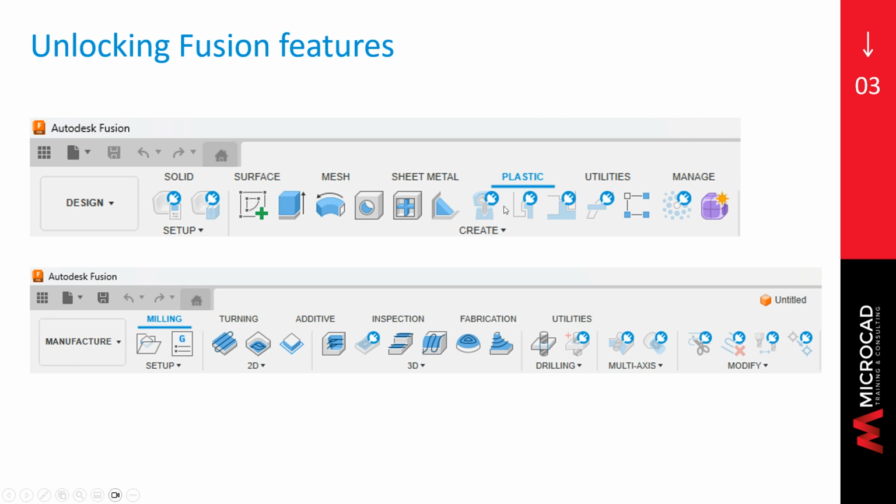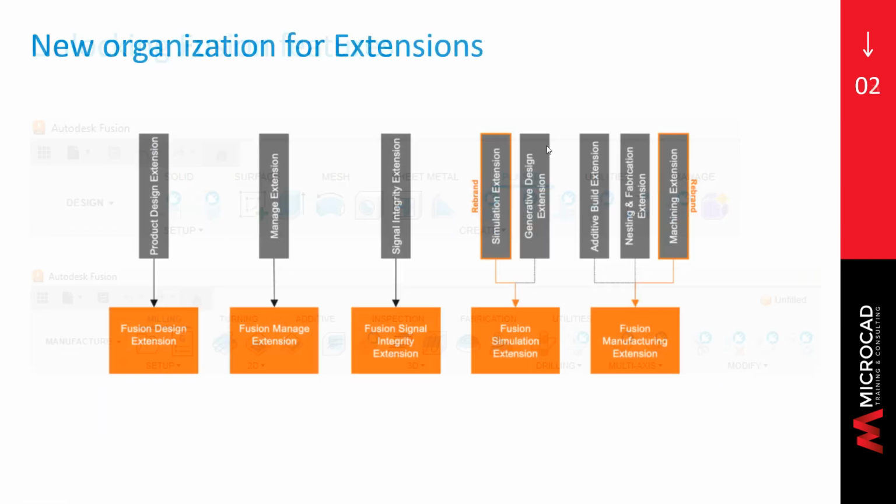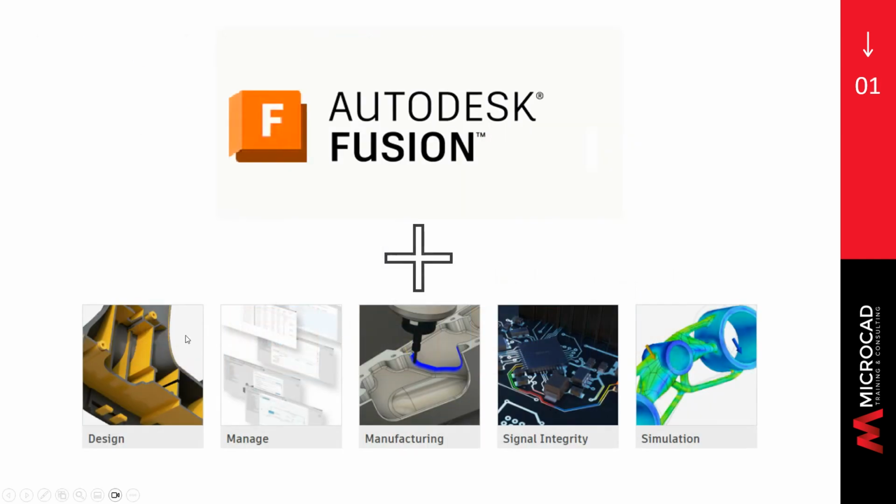And if you try to click on one of those, you're going to get a message that that tool is supposed to work with an extension, right? So for example, if you're working in the design environment of Fusion and you go to the plastic tab, you will be able to see that many of the tools there are supposed to work only with the design extension. So the first one, right?